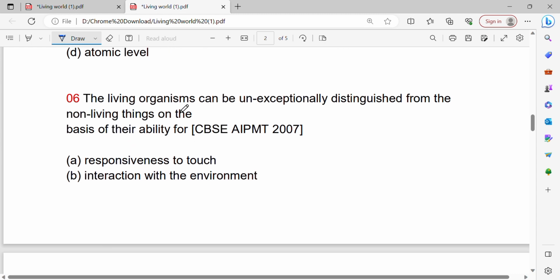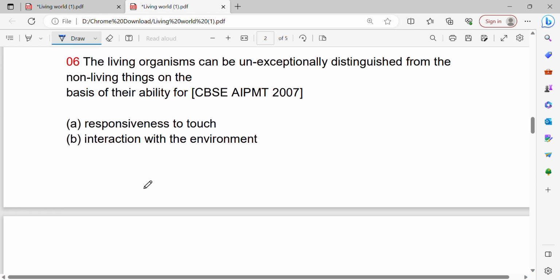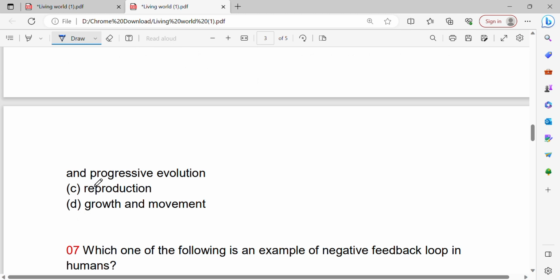Question number 6. The living organisms can be unequivocally distinguished from the non-living things on the basis of their ability for responsiveness to touch, interaction with the environment, and progressive evolution.